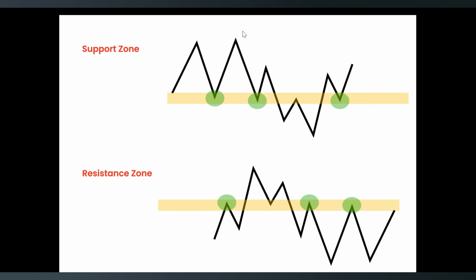We trade the bounce off of this zone. Then trading the break is when we have a break of that zone and then we wait for a retest of the zone, then we take the sells if we're at the support zone, or the buys if we're at the resistance zone. So this is trading the break and this is trading the bounce.